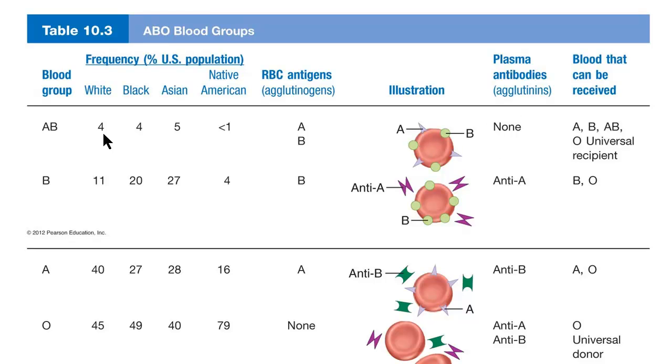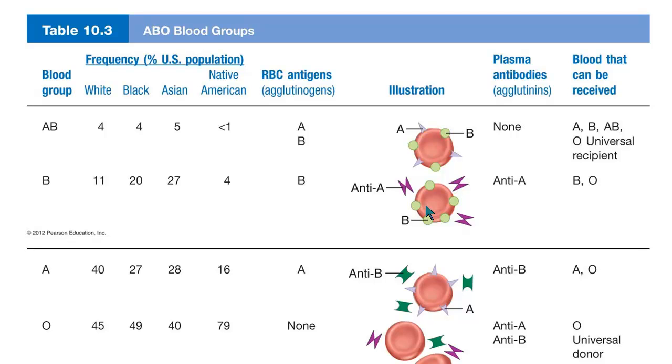Now let's look at a person with a B blood type. A B blood type has B antigen on their red blood cells. Therefore, their body is not going to make B antibodies in the plasma, because that would attack the red blood cells of that person and that would cause death. So we don't form antibodies against things that are naturally us, things that we're born with.